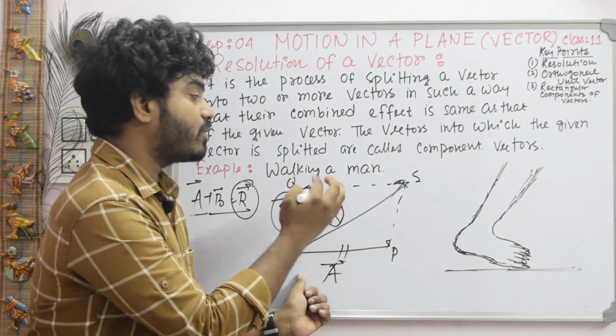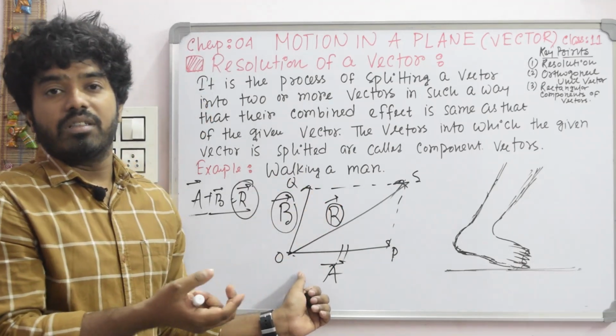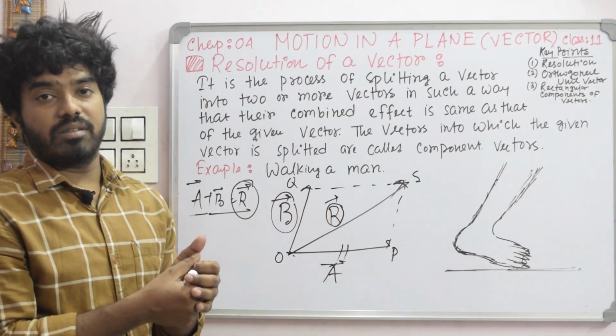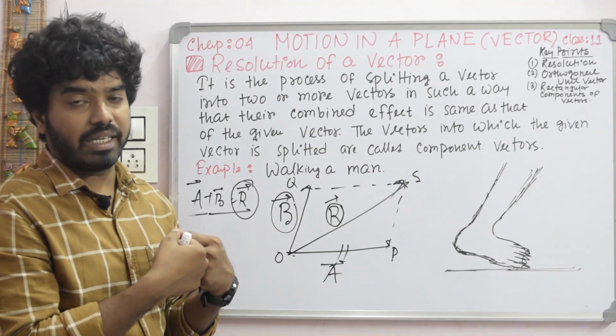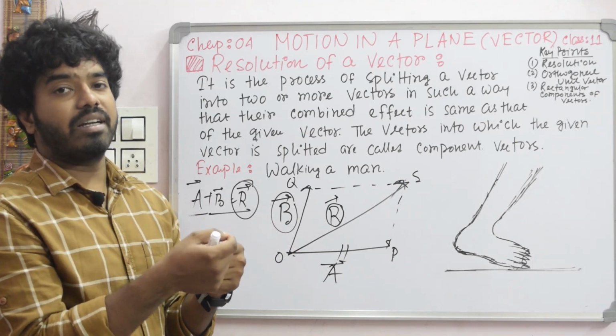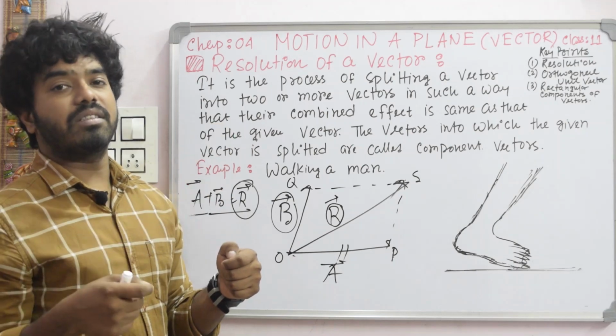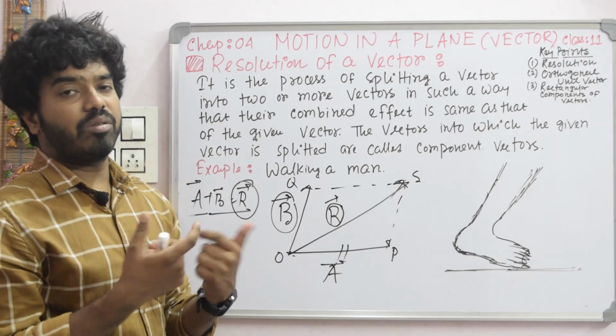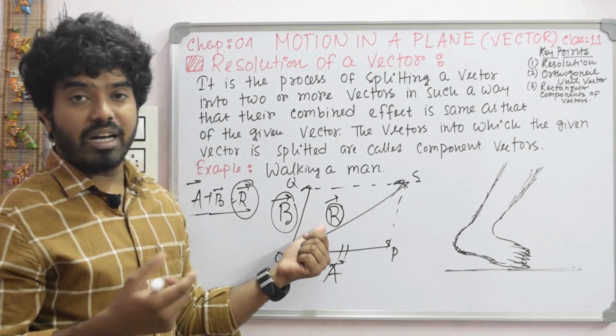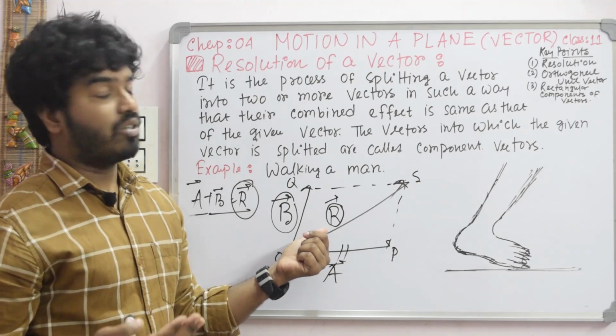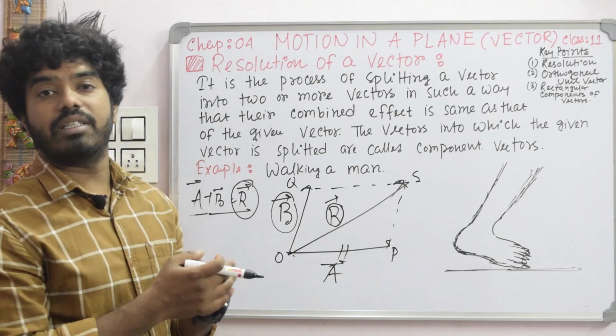Suppose there are 3 axes, x axis, y axis, and z axis. So when a vector R is splitted along 3 axes, then you can say R is splitted into 3 vectors. So this is the resolution of a vector.